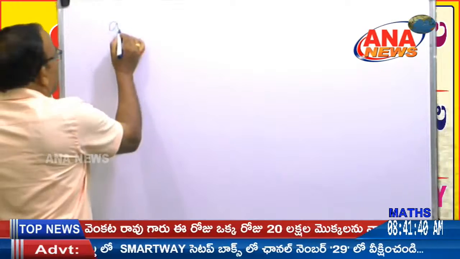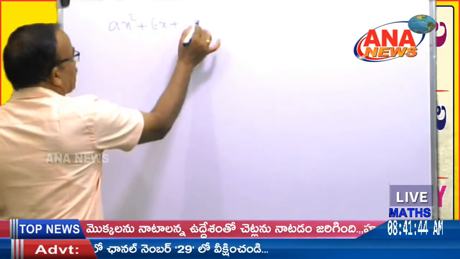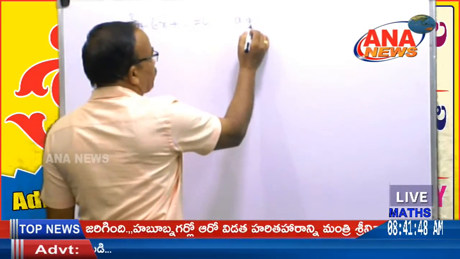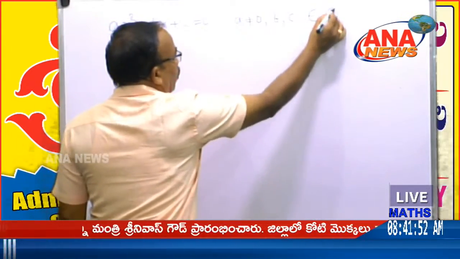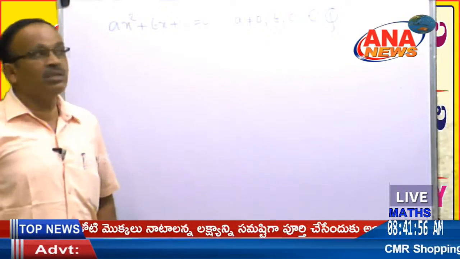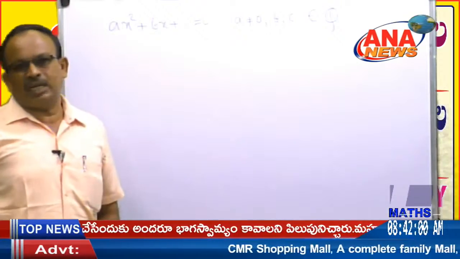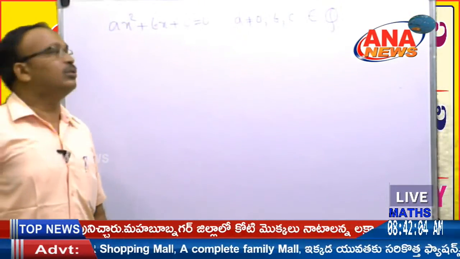Here b, c belong to Q. What is Q? Rational numbers. That means a, b, c are rational. Of course, a not equal to 0.